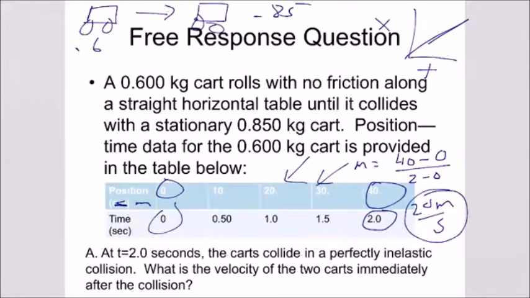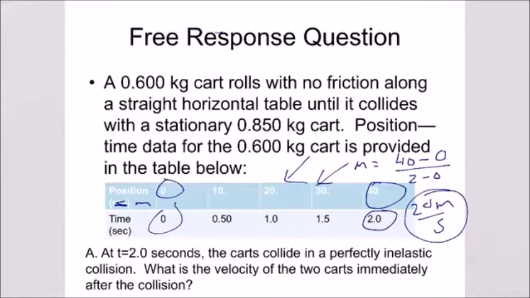Now, let's do a little erasing here to make some space. So if we want to find the velocity of the two carts after the collision, we need to do conservation of momentum. And we're going to say the momentum before the collision is going to be the mass of cart 1, 0.6 kilograms.